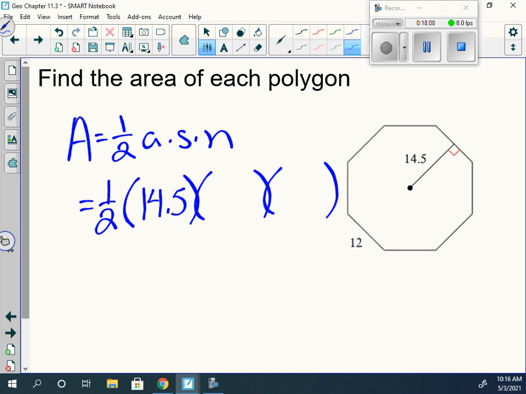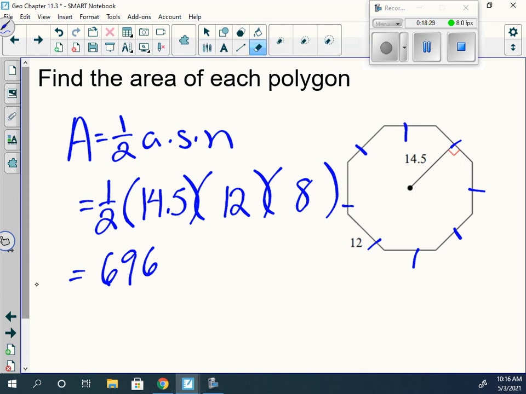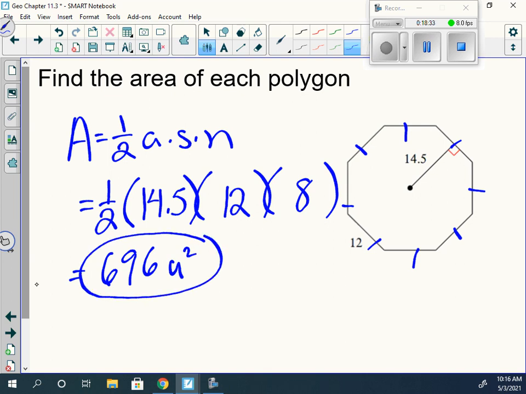Side length is? 1, 2, 3, 4, 5, 6, 7, 8. Sweet. And if we needed to include units, it would be units squared.